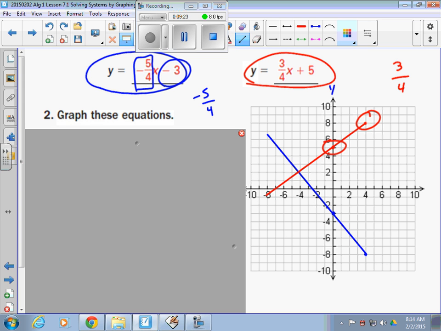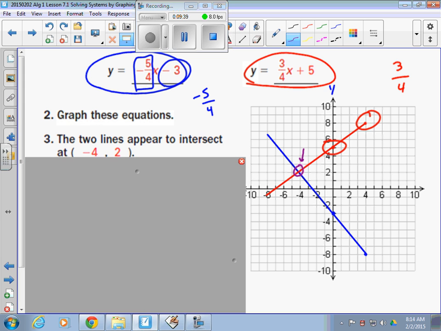If you were perfectly straight, you should be able to estimate, and I was as straight as you can be. And look, I'm not even on a perfect intersection. But we can estimate that point, and that's what step 3 is. It says to estimate, and right above example number 1 it says that they pass through at negative 4, 2.